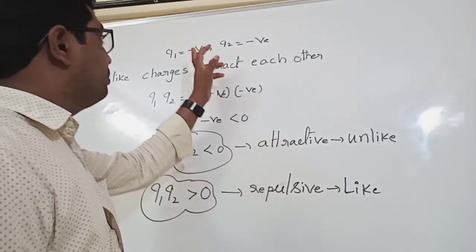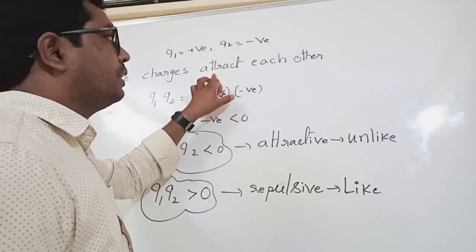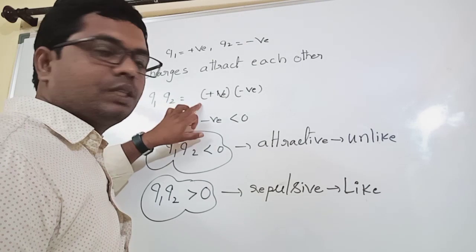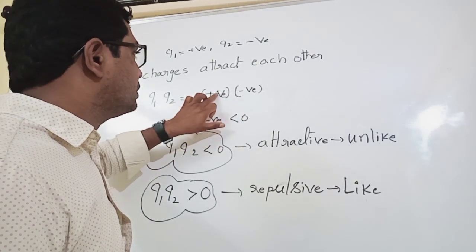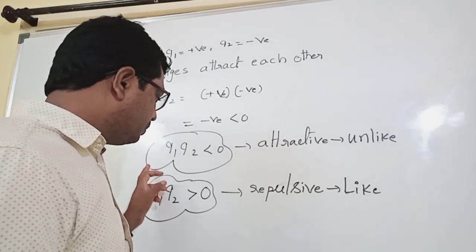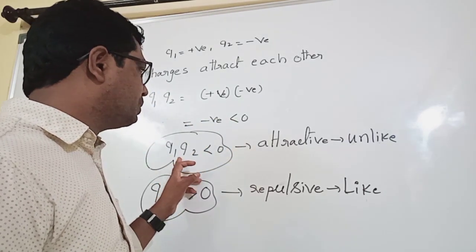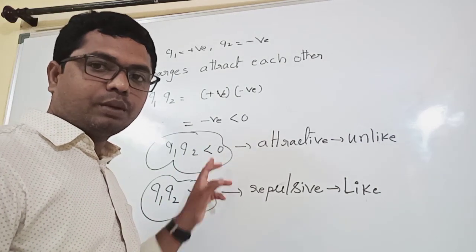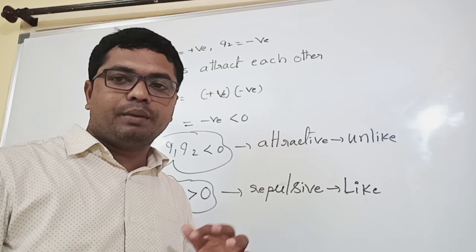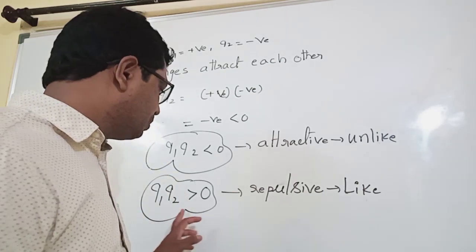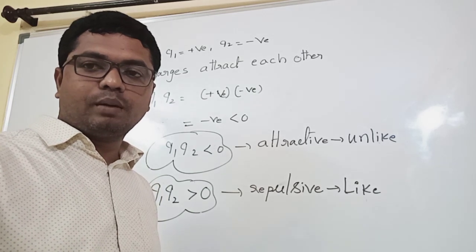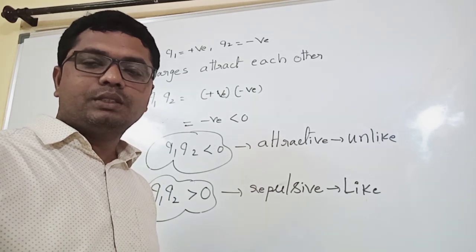A positive and a negative charge attract each other, and that attractive force is shown by Q1 Q2, positive times negative, being less than 0. For repulsive forces, both charges may be positive or both negative, so Q1 Q2 greater than 0 is nothing but a repulsive force.